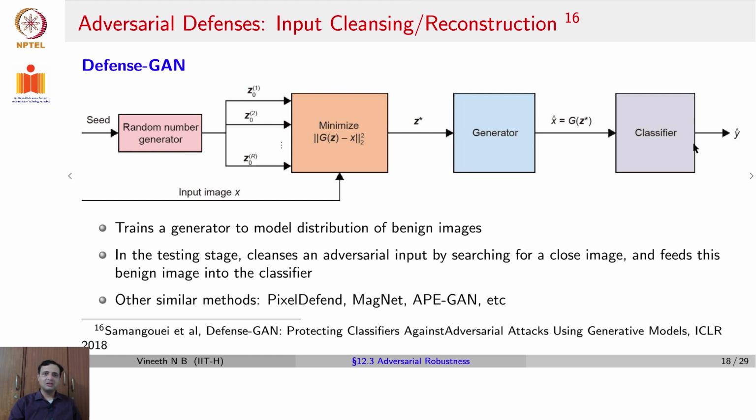We hope that any adversarial perturbation may now get hidden by considering the closest image, and that pixel value that may have been added to a specific pixel is now offset by considering a different image. There are other methods in the same space that operate with a similar principle, called PixelDefend, MagNet, APE-GAN, and so on and so forth.